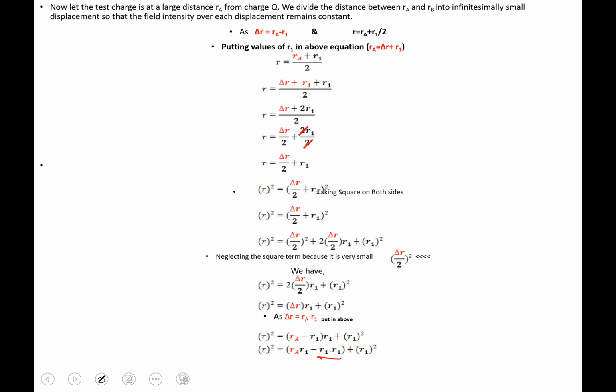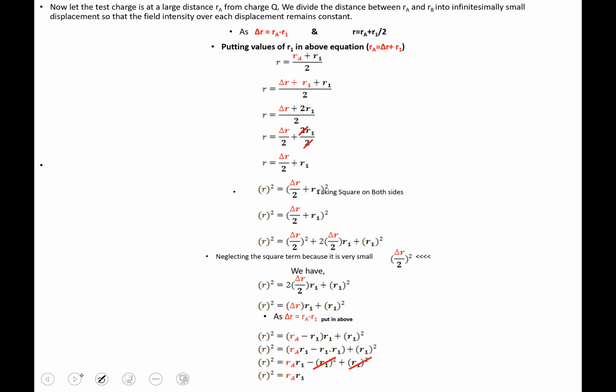So we have R square is equal to Ra R1 minus R1 square plus R1 square. This one is negative, this one is positive, so these two cancel, and we are left with R square.